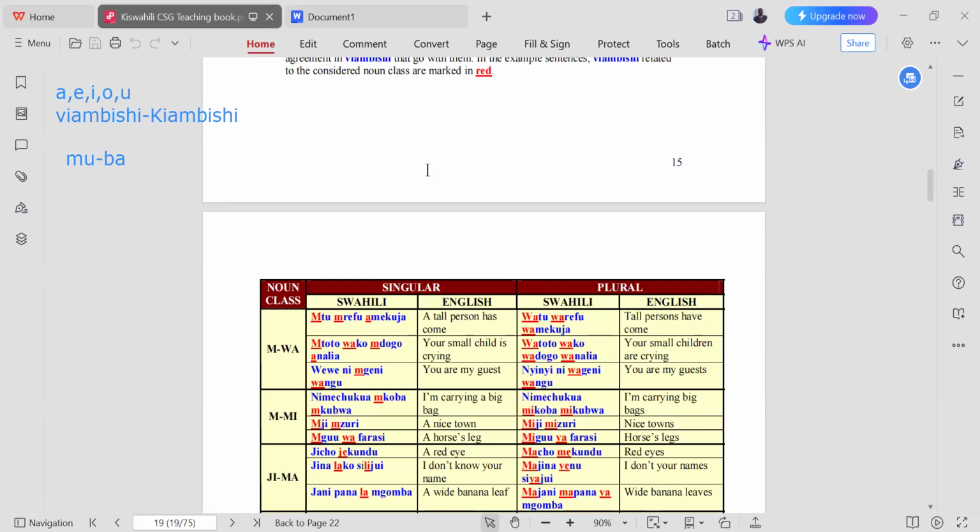So you don't have vowels after the M and the N? Yeah, in the noun classification, there are some that might have vowels. For example, in the Ji-ma, the noun classification 3, where we have Ji-ma. Can you see it? The last one.